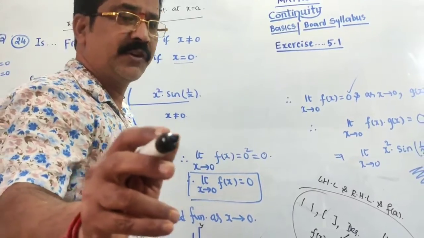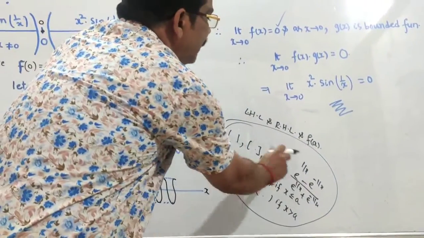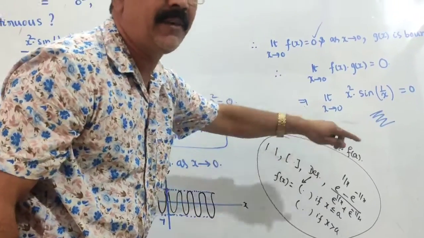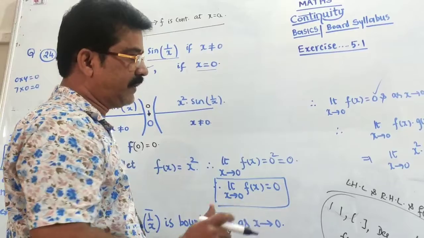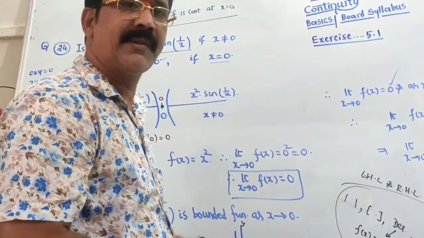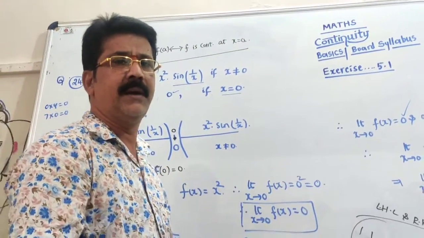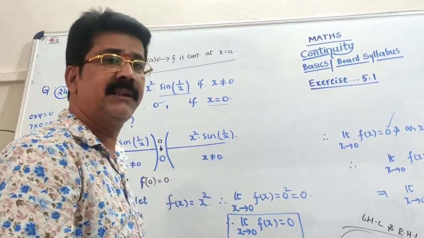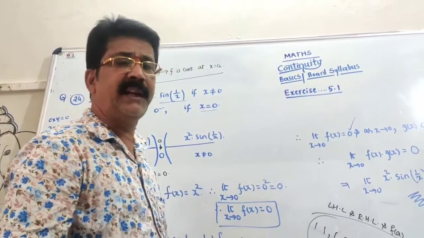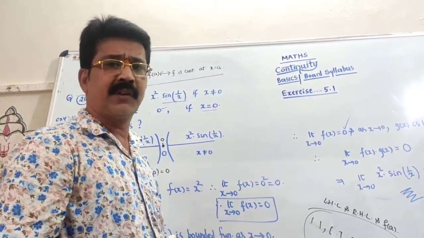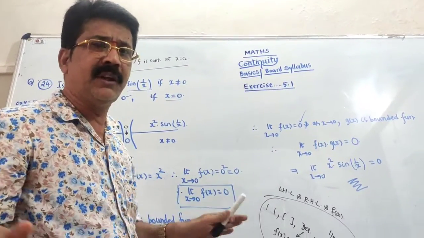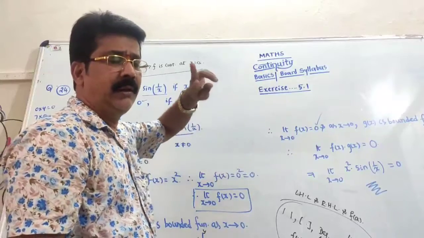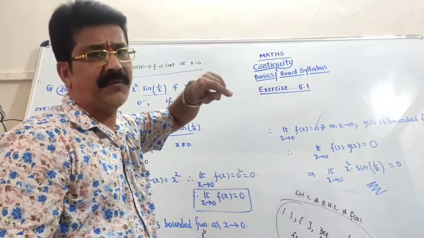If it is a special function, meaning any function out of these 4, then you first find the left hand limit, the right hand limit and f of a. If the 3 values are the same, then we can say that f of x is continuous at x equal to a. Otherwise, if any one of the values is different, then we can say bluntly that f of x is a discontinuous function at x equal to a. No confusion. It is very clear. Only 2 kinds: ordinary function or special function.